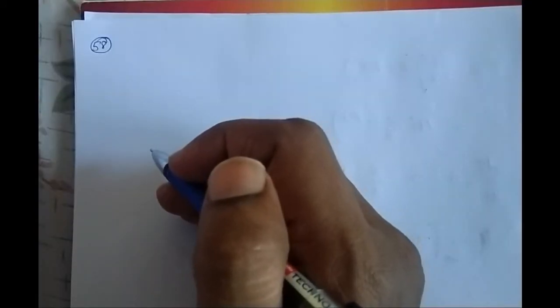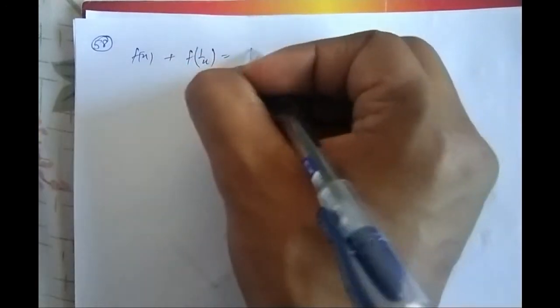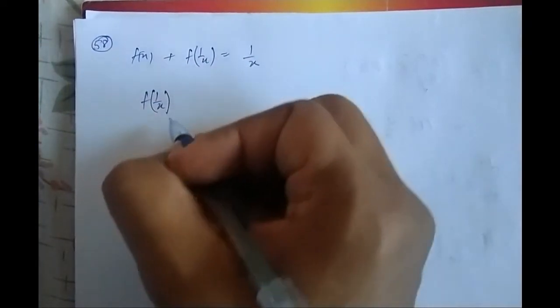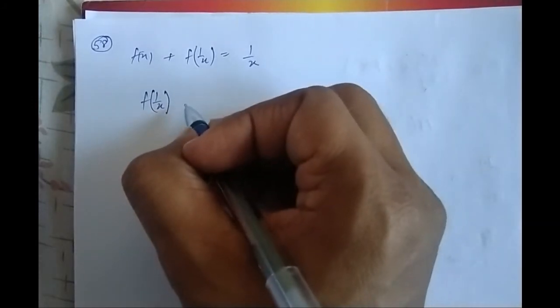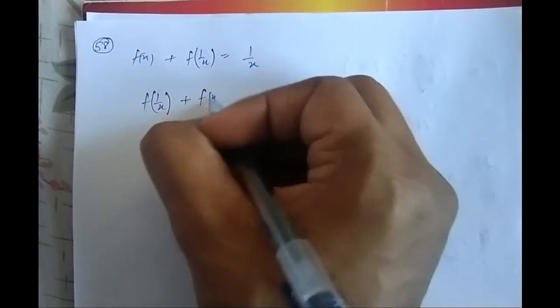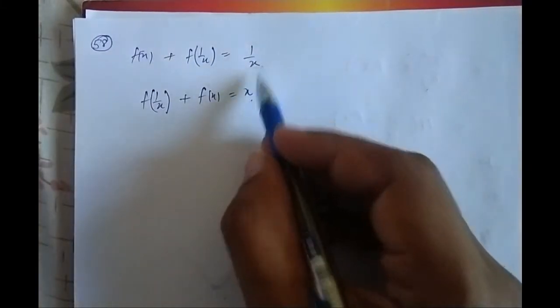Moving on to the next question, question number 58. So the maximum value of f(x), if f(x) plus f(1 by x) is equal to 1 by x. So put x is equal to 1 by x, f(1 by x) plus f(x) is equal to x. Okay, so we can see that x and 1 by x are equal.